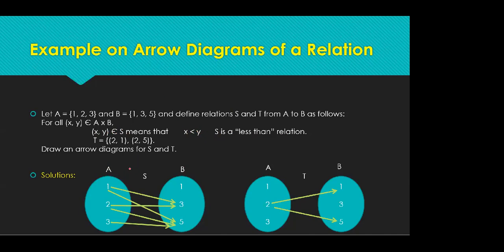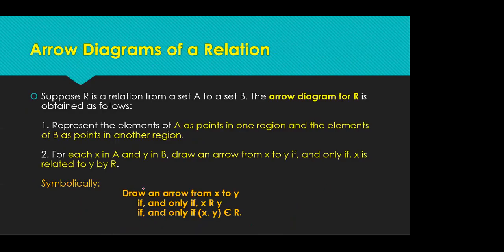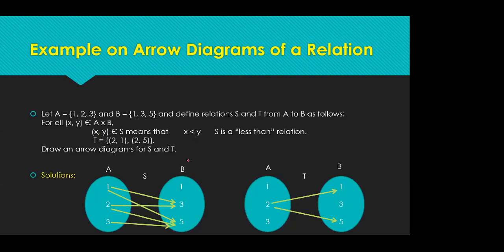So for us to draw the arrow diagram, we have to satisfy this condition, right? That is how our arrow diagram is. It should be an element of R, or it should satisfy our given condition, before we can draw an arrow from X to Y. So here, if this is our set A and set B, our ordered pair here is this one, and our X will be coming from here, right, guys?